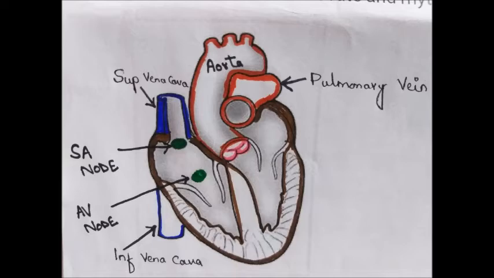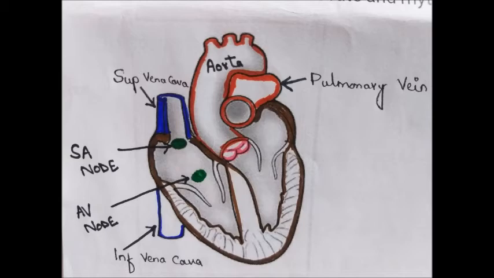Then we studied that the heart contains two nodes, the SA sinoatrial node and the AV atrioventricular node. Both are important for the generation of electrical impulses. The SA node is also known as the pacemaker of the heart, as it sets the rate and rhythm of the heartbeat, while the AV node ensures the proper filling of the ventricles.